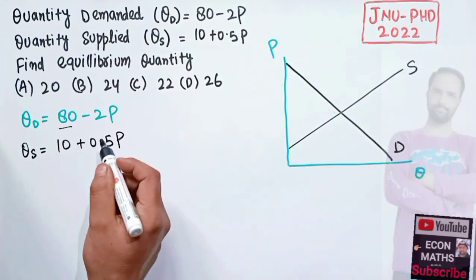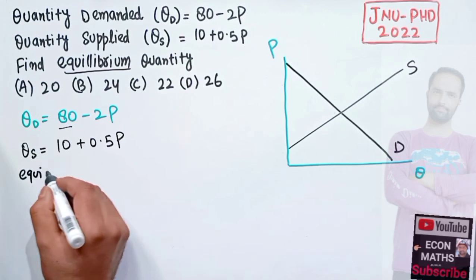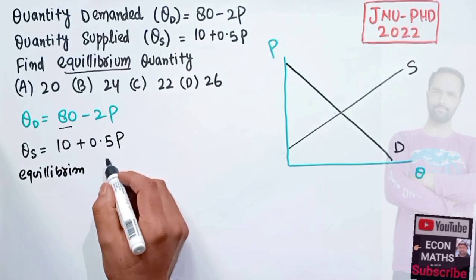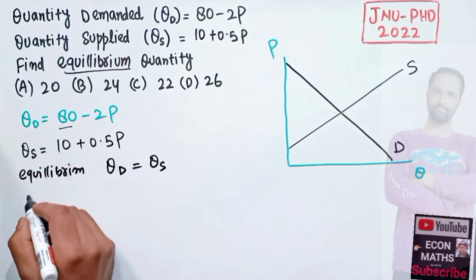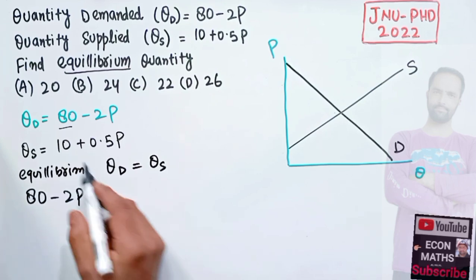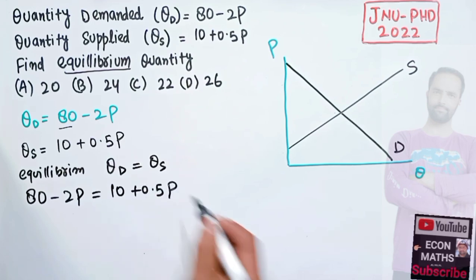At equilibrium, quantity demanded should be equal to quantity supplied. So quantity demanded, 80 minus 2p, should be equal to quantity supplied, which is 10 plus 0.5p.